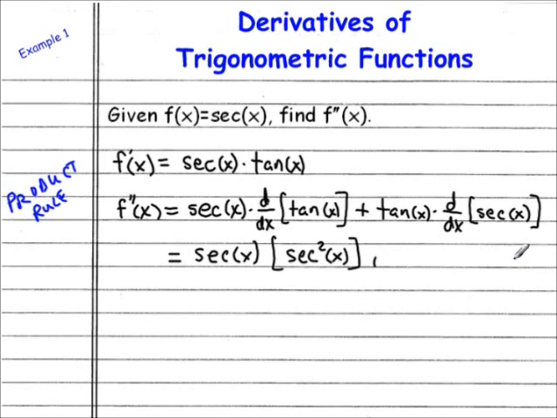And of course over here we have tangent x times the derivative of secant x. And we've already used that idea once. Remember, the derivative of secant x is secant x times tangent x. So in this position we have our tangent of x and then our resulting derivative of secant x, which is secant x times tangent x.